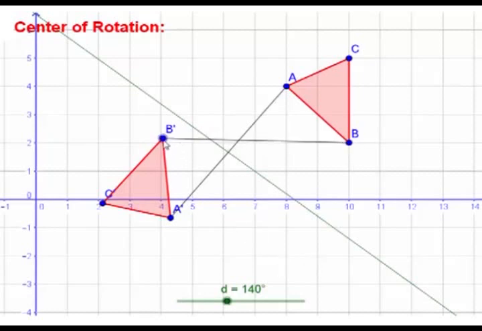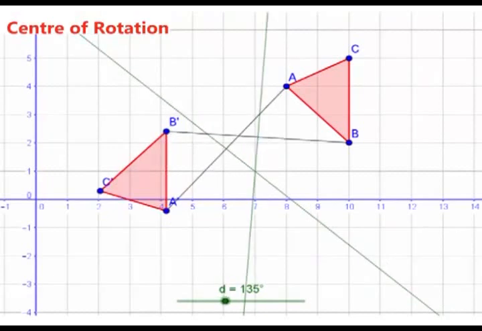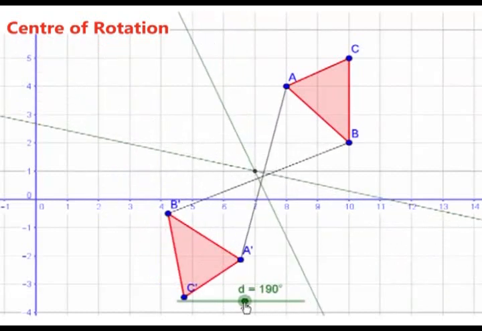Find the perpendicular bisector, and where the 2 bisectors meet is the center of rotation. In this case, it is at point 7,1. And you see, if you rotate the shape, that point doesn't move. I love this part.